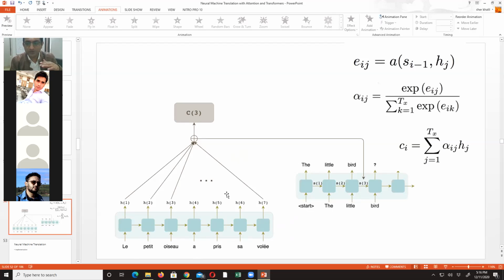Maybe I was doing a wrong prediction. I was not predicting bird because H1 was having more contribution in this quantity. So I say you have to reduce your weight. Then I reduce the weight of H2, I reduce the weight of H5, and I amplify H3 or H4, which is the kind of input I need to be focusing on at that stage.